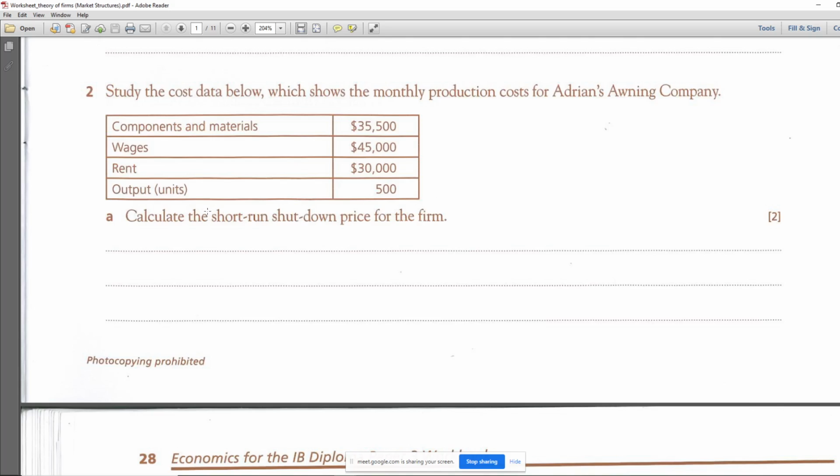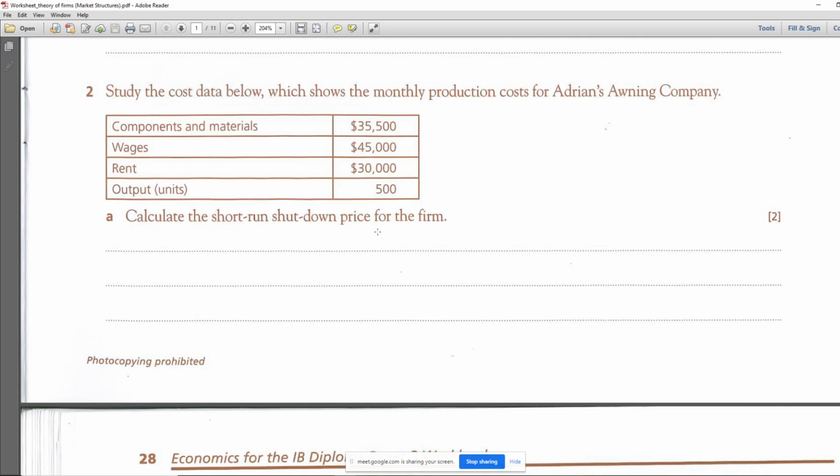The key idea about the shutdown price is that you find it when you are able to find the minimum average variable cost.